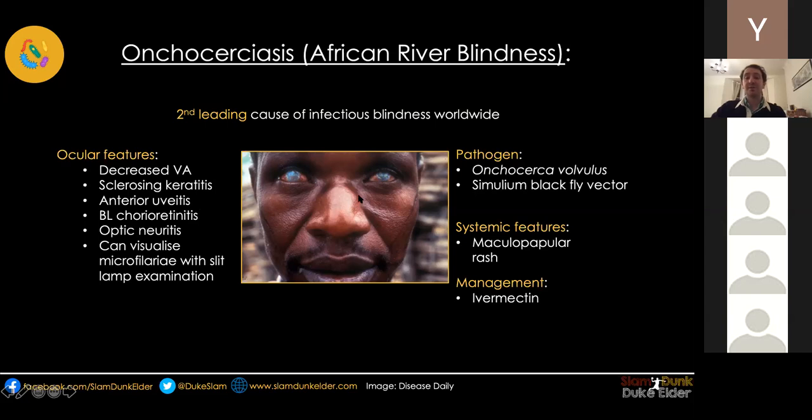The treatment is ivermectin, which they're also thinking could be a treatment for COVID, so it's a promising potential treatment. But yeah, it's very common. It's the second most common cause.